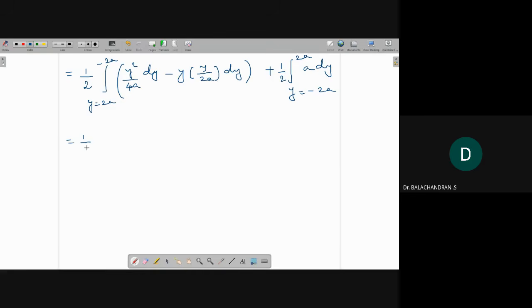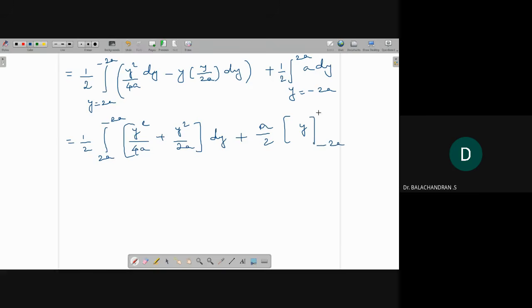So simplify 1 by 2 integral 2a to minus 2a. So we get y square by 4a plus y square by 2a into dy plus 1 by 2 a by 2. If you integrate dy, you get y. Limit is from minus 2a to plus 2a. So 1 by 2.